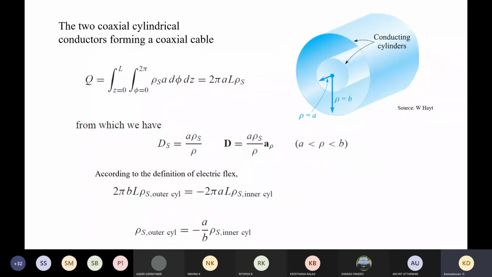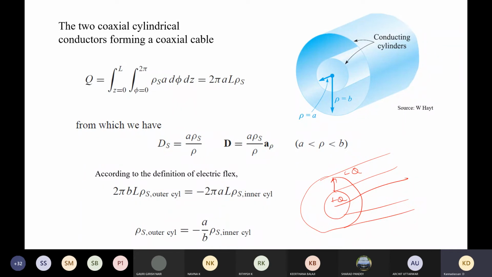Here is another example where there are two coaxial cylinders. We have an axis, and in that axis one cylinder is there, and just above that we have one more cylinder. Now we have to calculate the flux lines going from this to this, where this is positively charged and this is negatively charged.